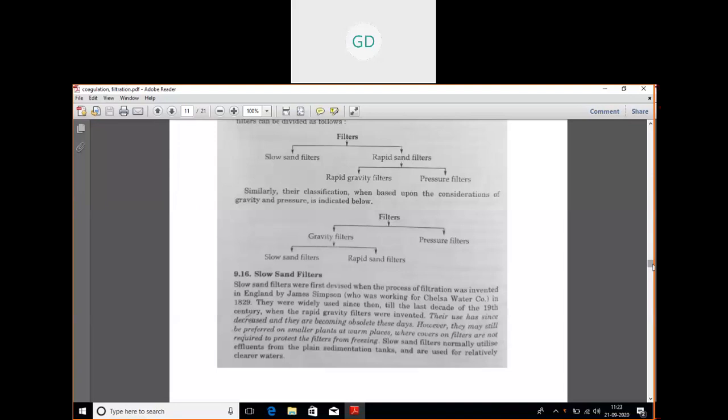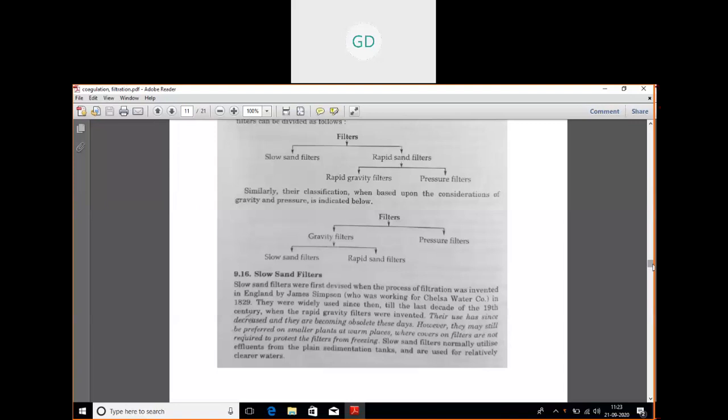Slow sand filters have become obsolete nowadays. They are not generally used anymore. Slow sand filters have many more drawbacks than rapid sand filters.